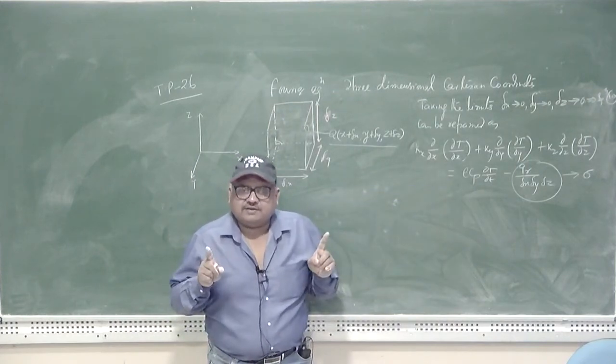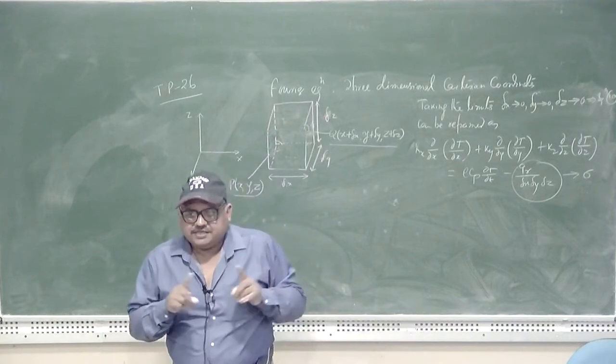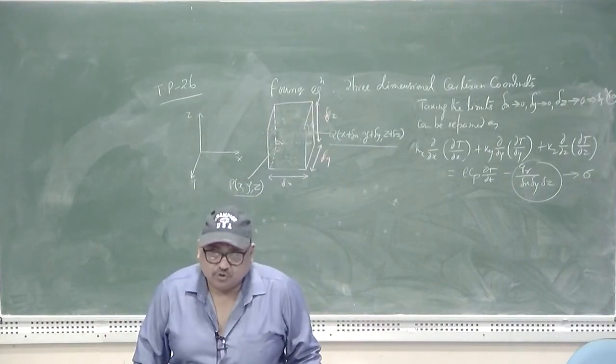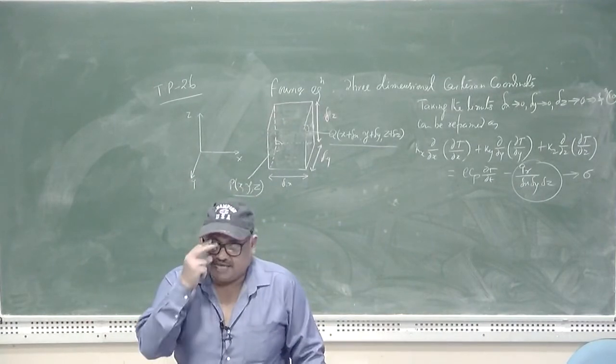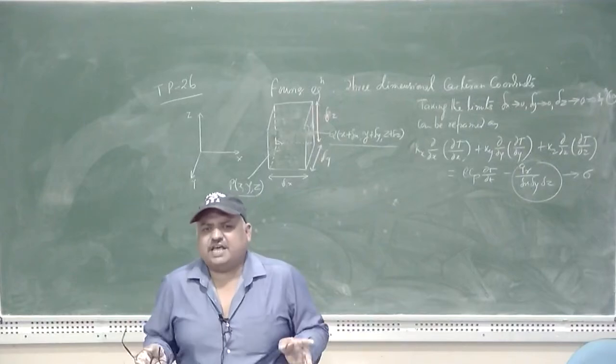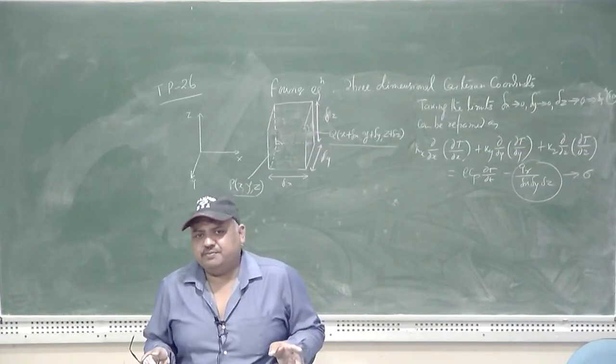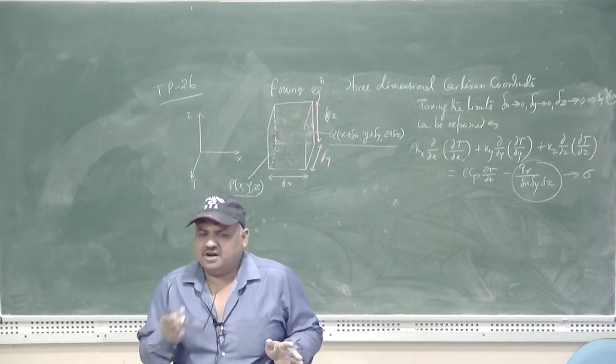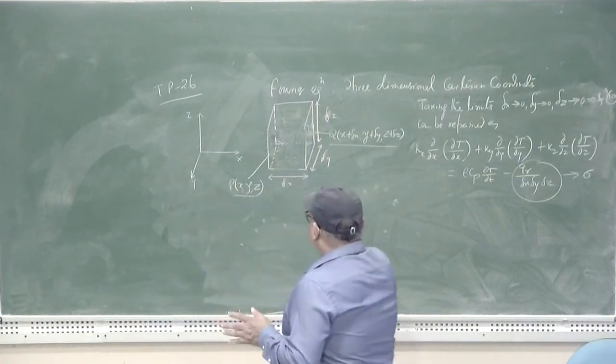So we are considering the x direction only. If only one direction is there, for that direction itself the partial derivative and the normal derivative can be treated as equal.